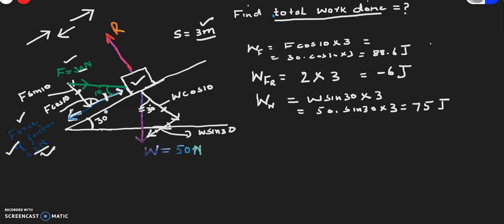Now look at the direction of this component of weight. It is again against the displacement. Displacement is in this direction, and this component is acting in the opposite direction. Therefore, its value is negative.